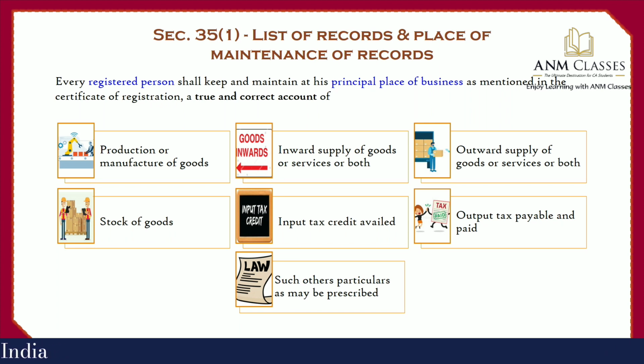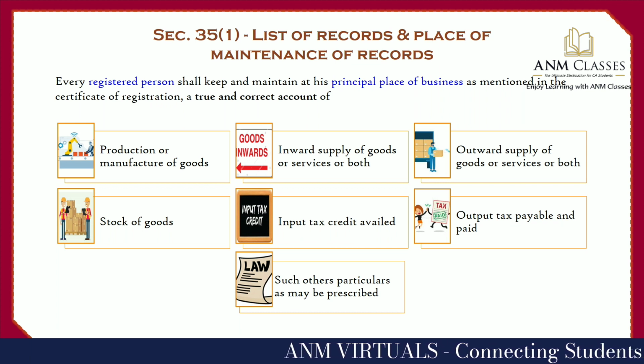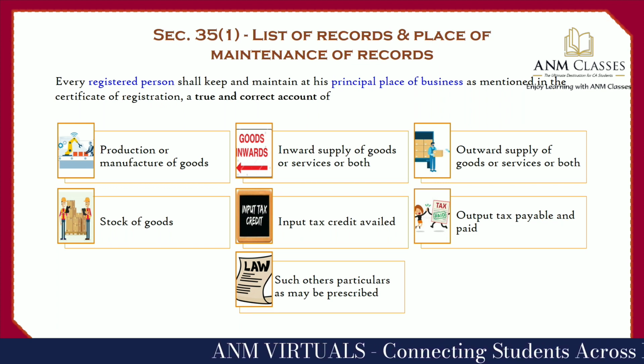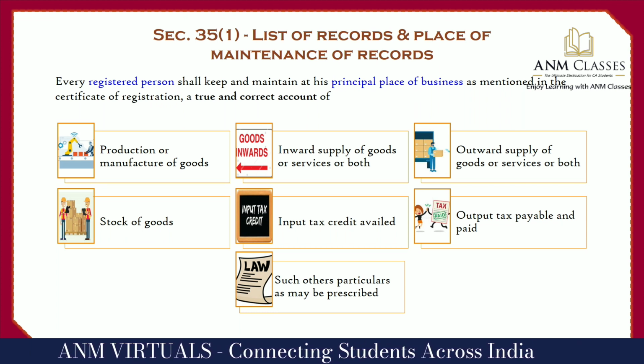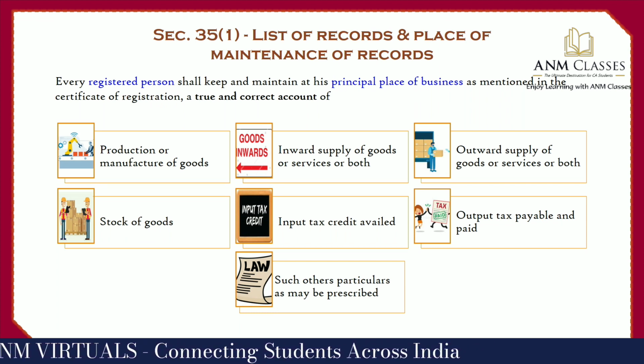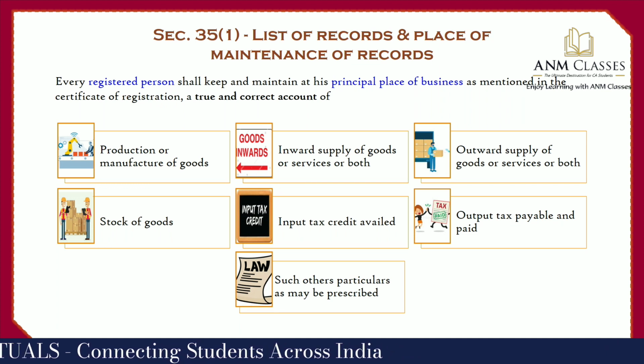Every registered person shall keep and maintain at his principal place of business, as mentioned in the certificate of registration, a true and correct account of production or manufacture of goods. So you have to correctly record the details of the goods you produce or manufacture.